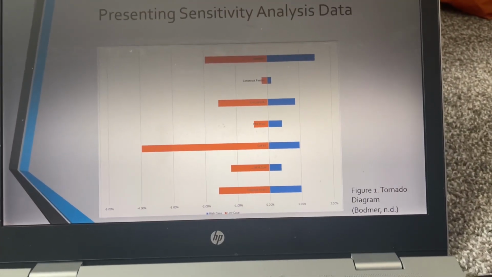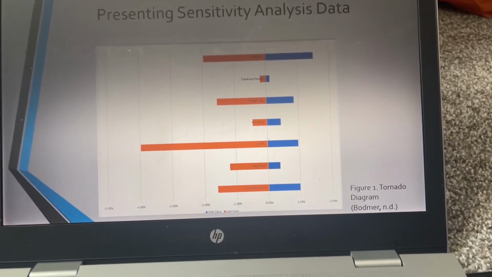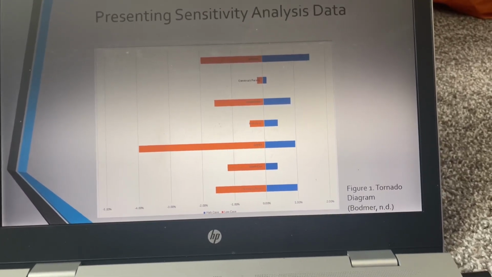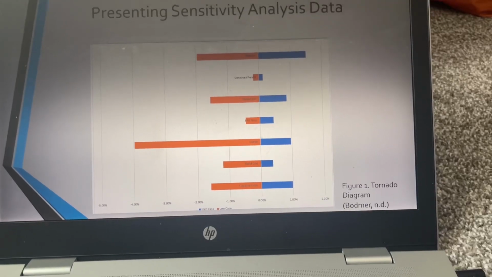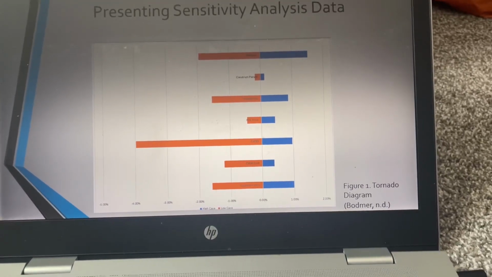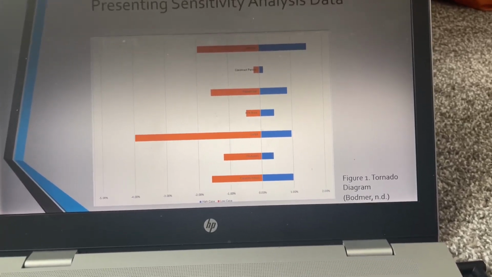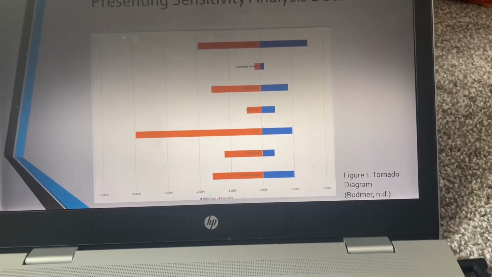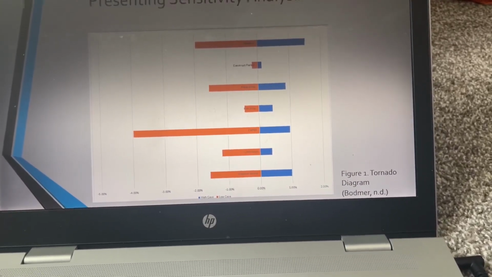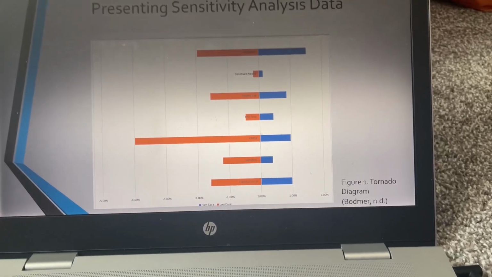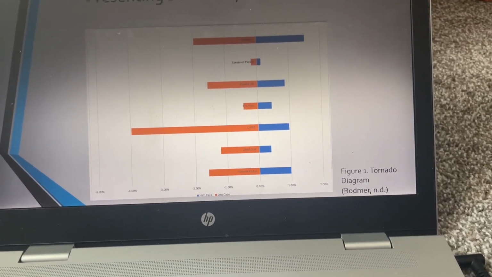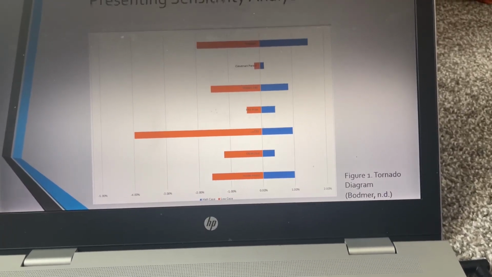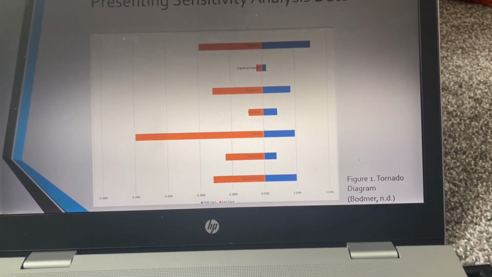And presenting sensitivity analysis data, this is one example of how to present sensitivity analysis data. This is a tornado diagram. And here we can see the horizontal bars are the independent variables. It's not listed here, but the dependent variable is the internal rate of return.